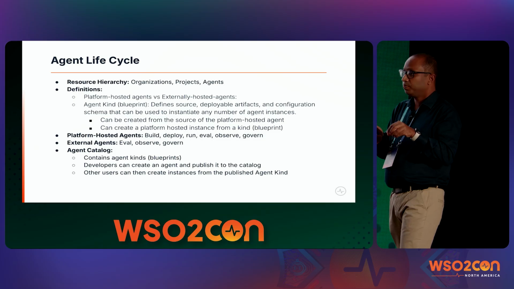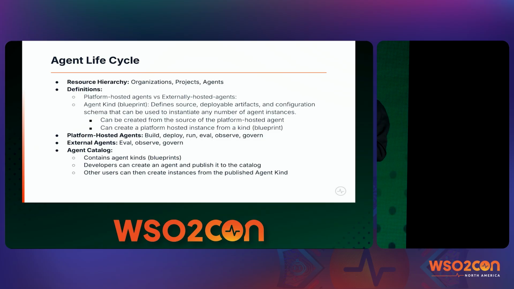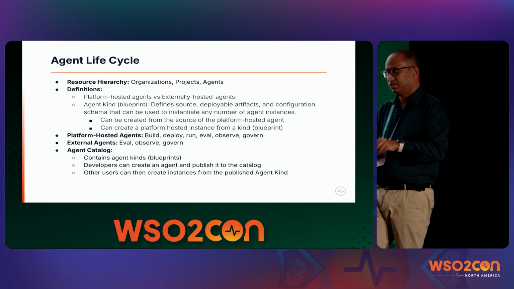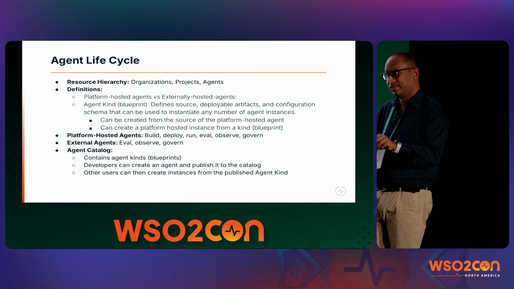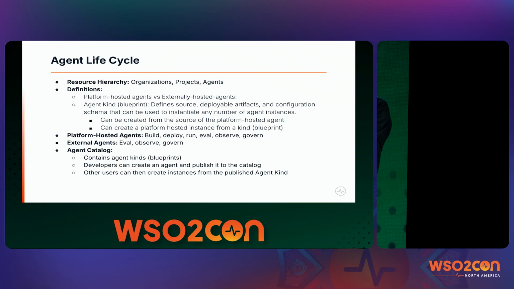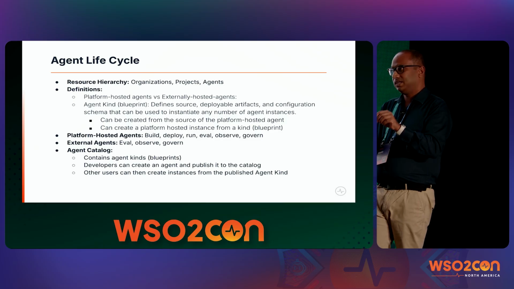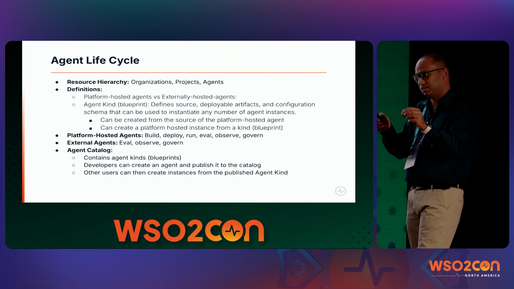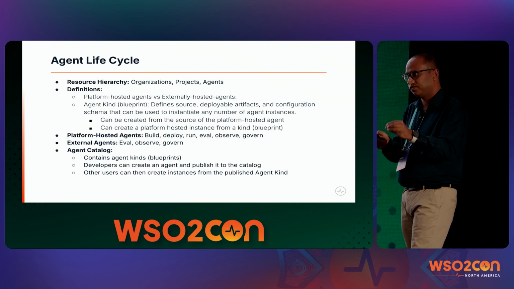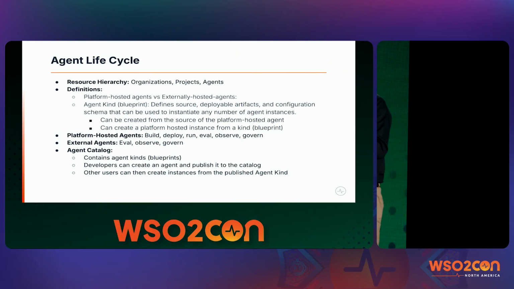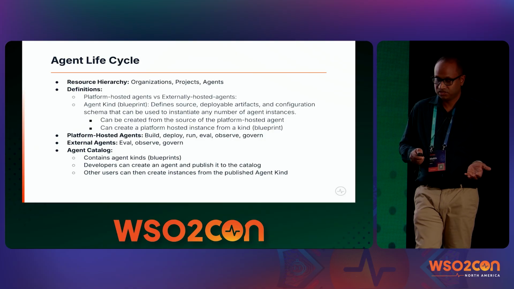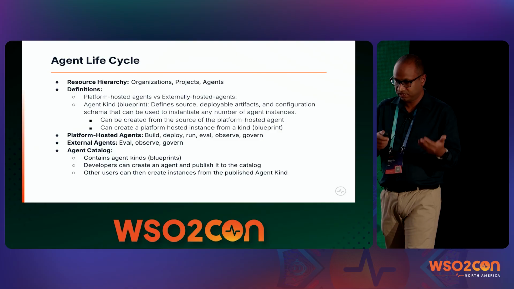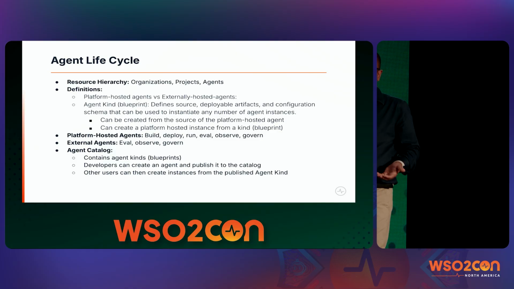It's a blueprint of the agent, and using that kind, someone else, a different user persona, which I will get to when we talk about user personas, can create an actual instance of that kind. So think of it as a blueprint created from a source, and from that you create an actual instance. You can create multiple such instances with different configuration parameters. This actually adds a lot of value, and we will show how this brings value, right?